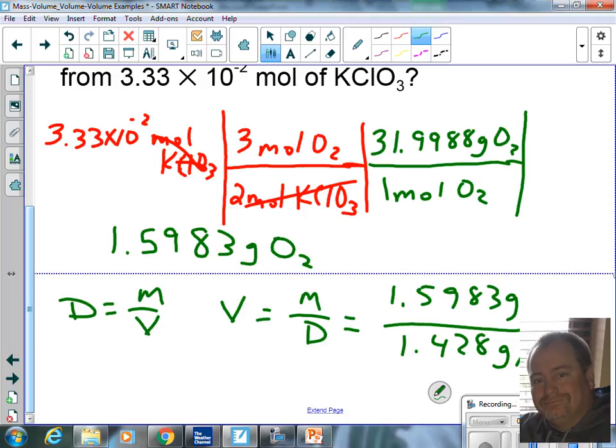Actually, I'm only going to put 3 sig figs because right there is only 3, my lower amount of the two. So as I put 3 sig figs on that, I'm going to get 1.12. My label will be liters of oxygen.